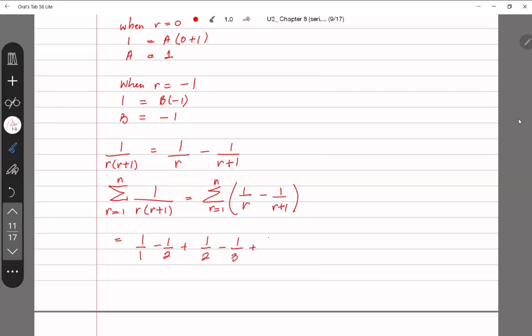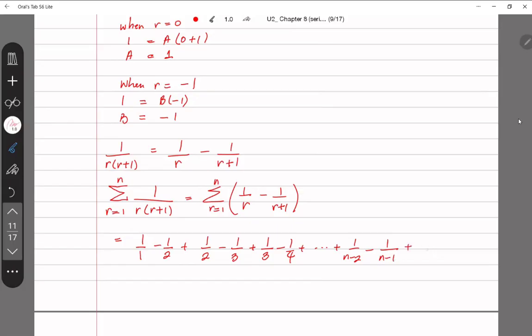Third term, 1 over 3 minus 1 over 4. We can't list all of them. So let's go to when r is n minus 2. We'll have 1 over n minus 2 minus 1 over n minus 2 plus 1, which is n minus 1.